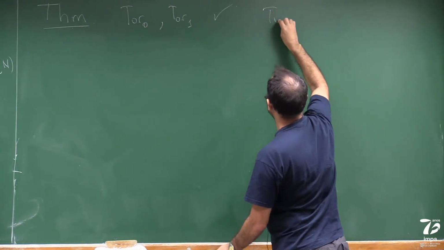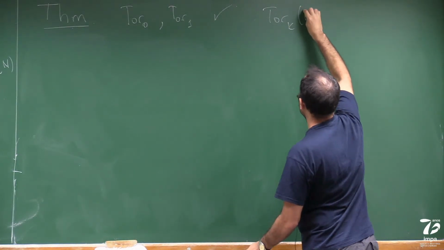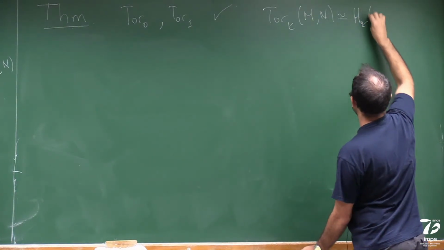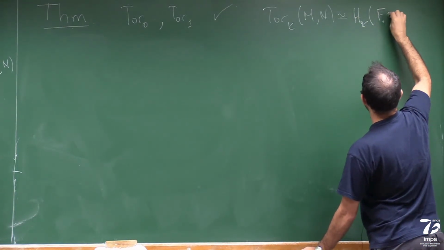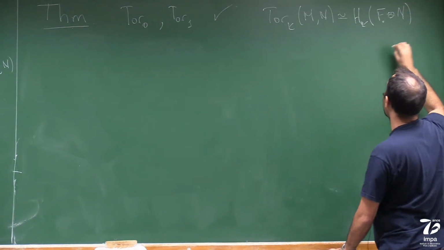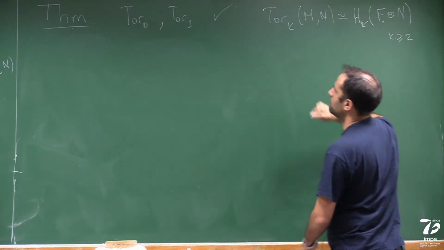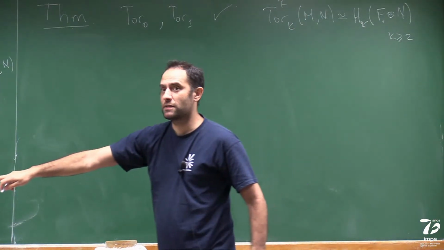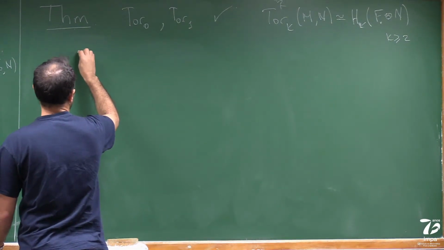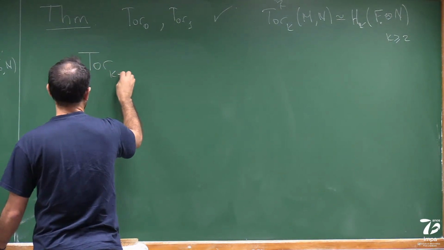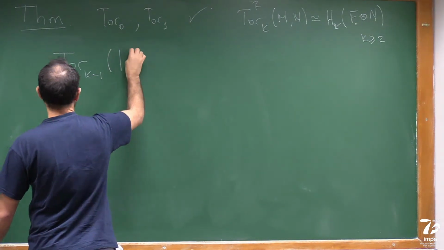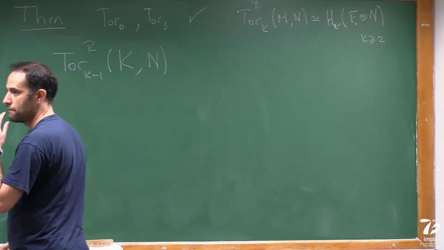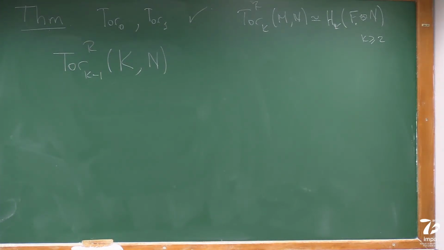And I need to prove that Tor k of M and N is isomorphic to the homology in degree k of this complex, where k is bigger or equal than 2. But on the other hand, using that theorem, I realize that this is the same thing as Tor k minus 1 of this complex K tensor N over R. And now I can use induction in k.